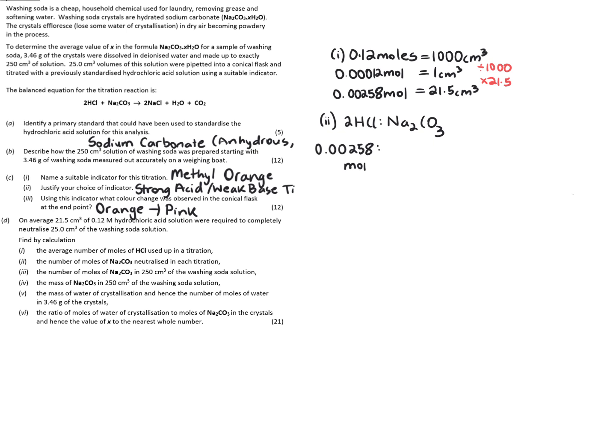That would have reacted with half the amount of moles of Na2CO3. 0.00258 divided by 2 gives us 0.00129 moles. Therefore, 0.00129 moles of Na2CO3 were in the conical flask.